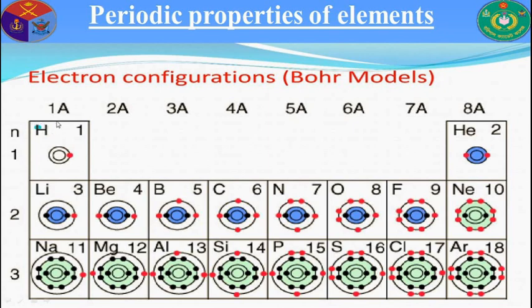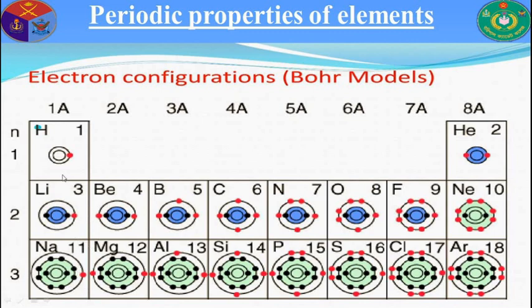When we move from top to bottom in any group, the number of energy shells increases in every case, but the number of electrons in its outermost energy shell remains the same.